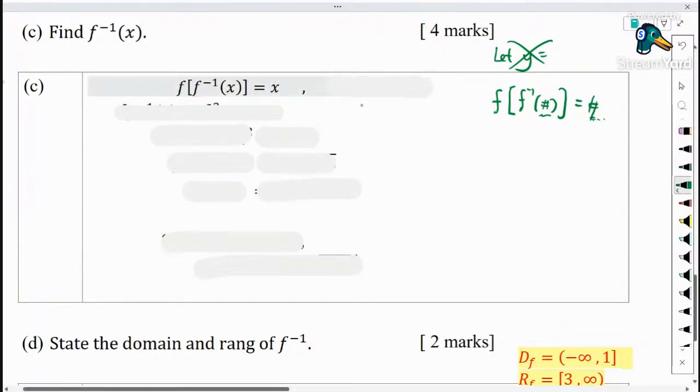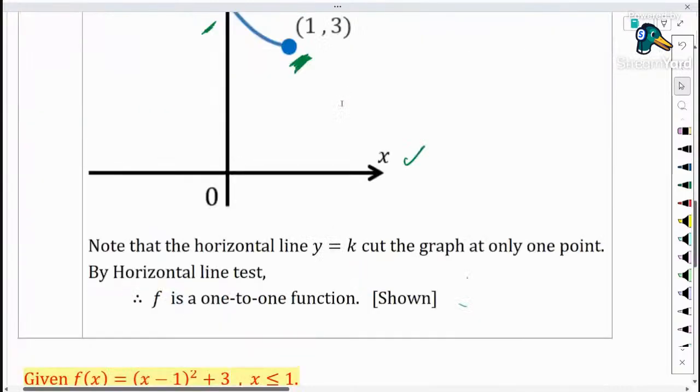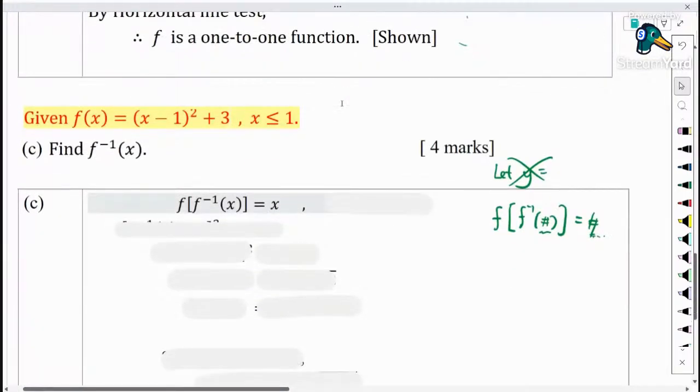And for this quadratic case here, it's important to take notes on one thing. According to the question, the function f(x) had the condition that x must be less than or equal to 1.